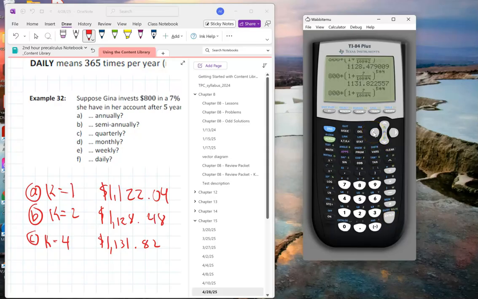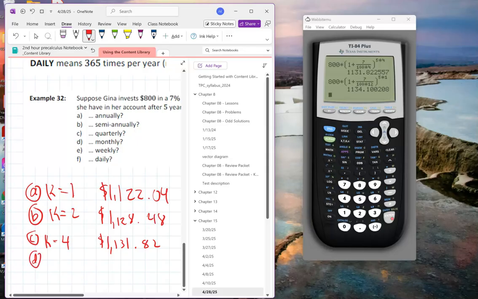Well, let's see. Monthly, that's 12. Well, that's going to make a bunch of difference, right? That's like way lots of times. Oh, just like $3 more. 8 more compounds, but only picked up an extra $3?